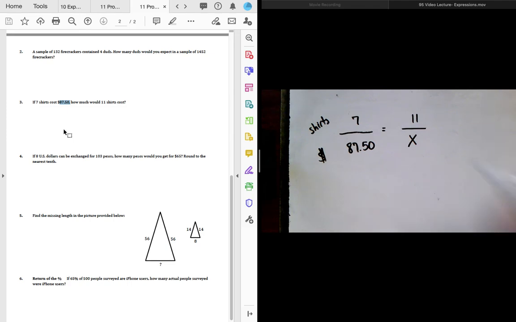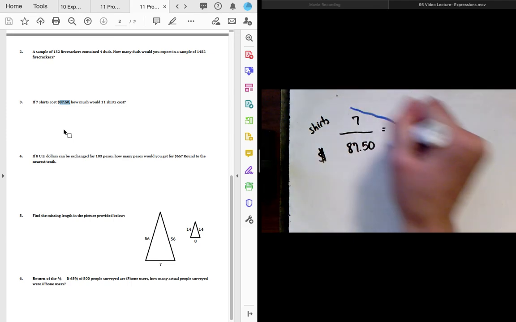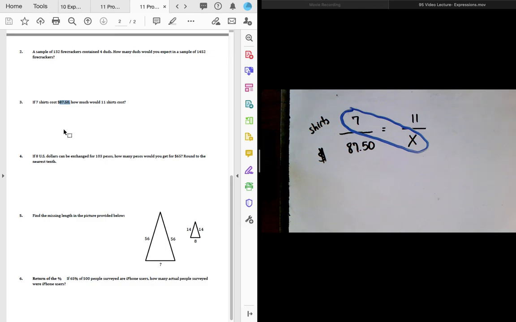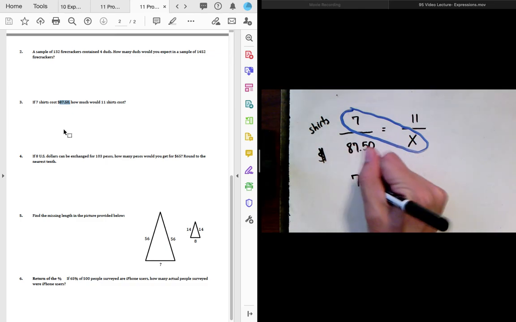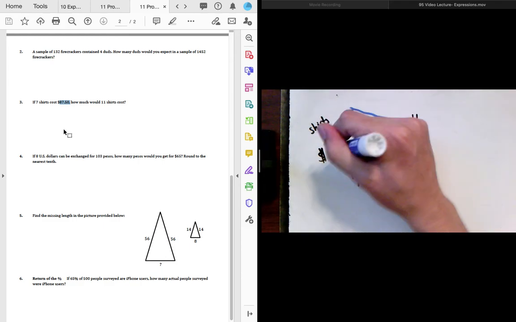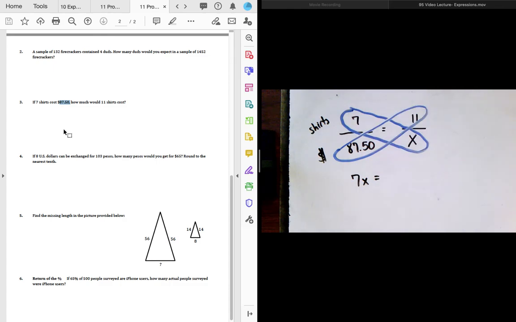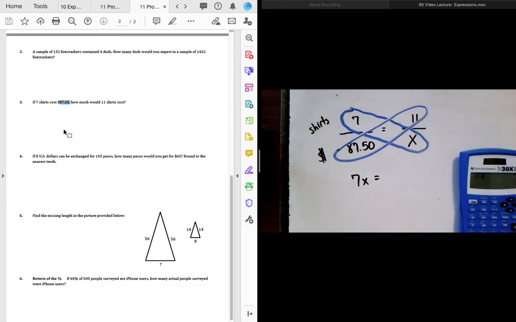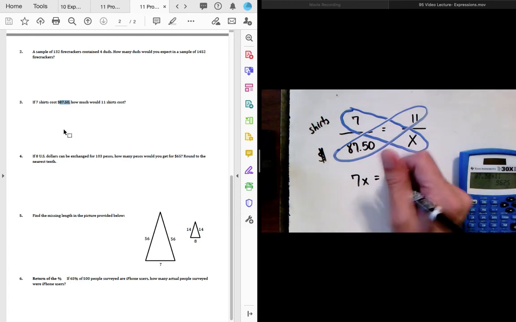We're going to cross multiply again, just like we did in the last problems. I always group the x value together first. In this case, I get 7x is equal to, and then on the other side, I need to multiply 87.50 times 11. That gives me 962.5.